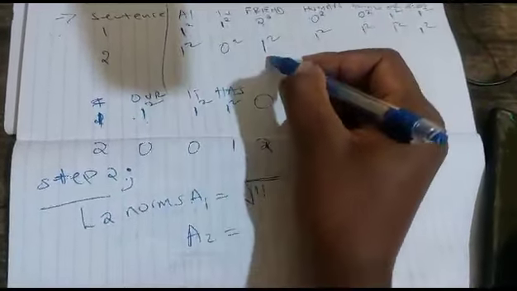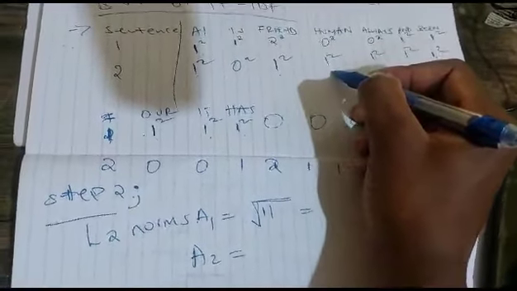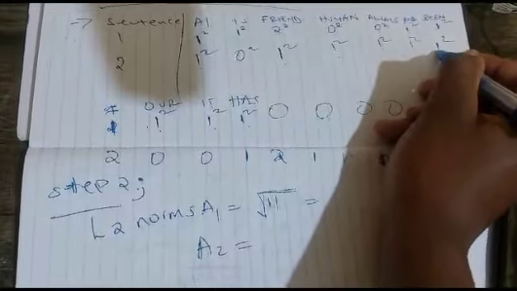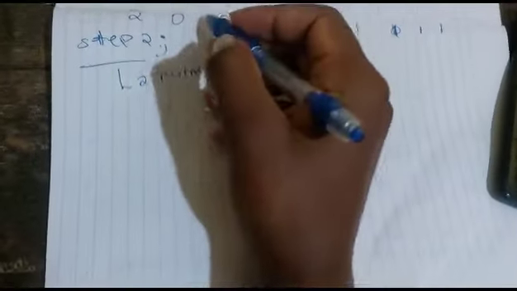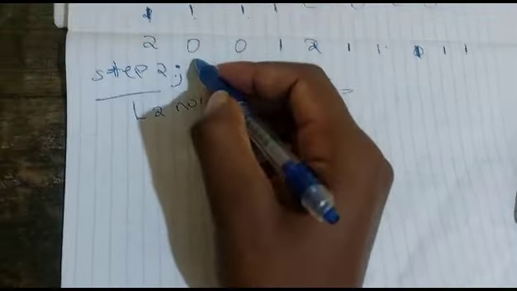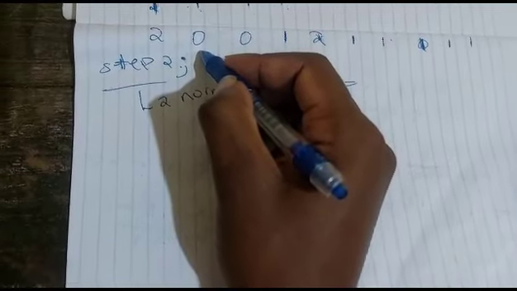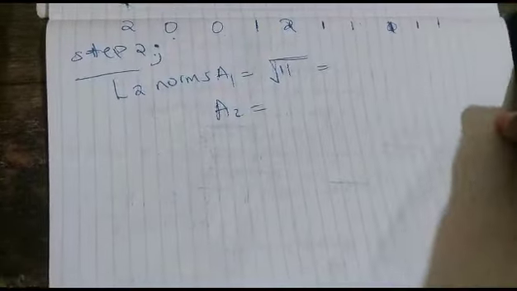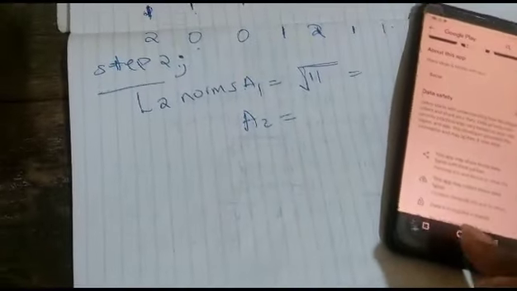So which is 1 plus 1, which is 2, plus 1, which is 3, plus 1, which is 4, plus 1, 5, 6, plus 1, which is 7. So we'll do the square root.